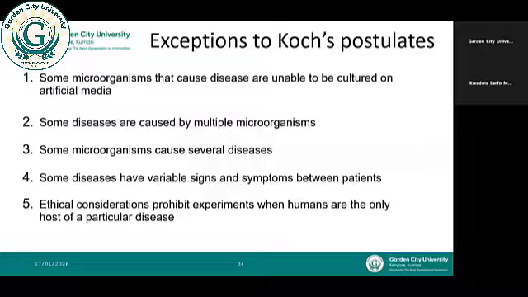That same bacterium could cause a gastrointestinal tract infection. And some diseases have variable signs and symptoms between patients. Patient A has malaria, presents with headache, fever, and then vomiting. Patient B also has malaria, presents with headache, fever, no vomiting. So this is an exception to Koch's postulates.